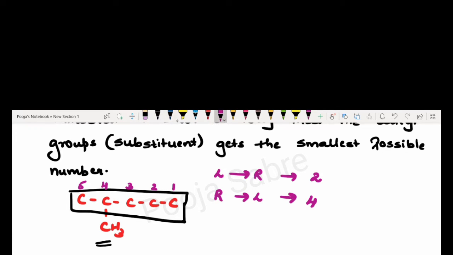So definitely, according to the third rule, I need to select the second position, and the fourth position is wrong. So my correct numbering would be from left to right. So I'm going to number it this way: 1, 2, 3, 4, and 5.